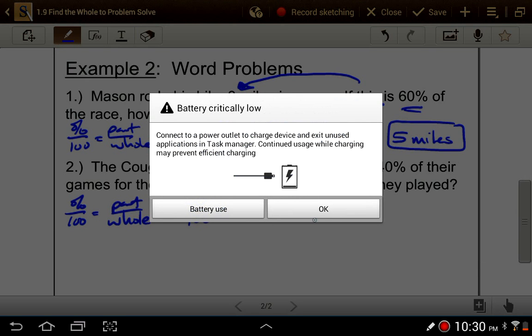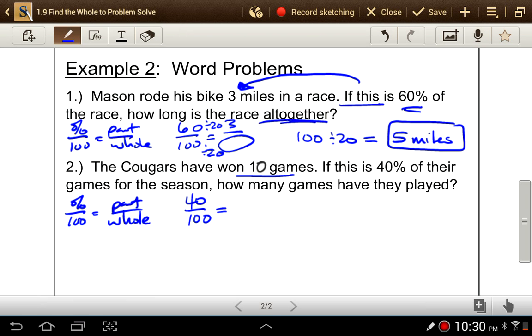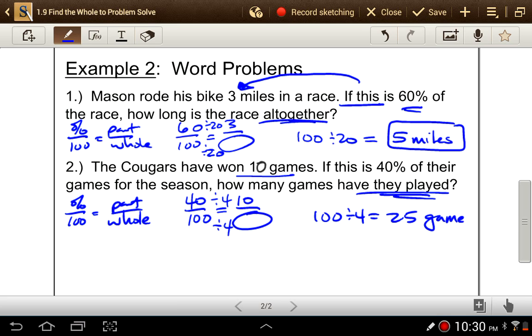They've won 10 games. Is that all the games they've played? No, that's only a part of the games they've played. So that's the part. How many games have they played? That's all of the games. That's the whole amount of games. That's what we're looking for. 40 divided by 4 is 10. 100 divided by 4. Well, what is 100 divided by 4? That's 25. So how many games have they played? They've played 25 games.